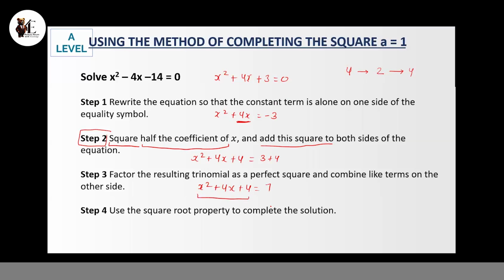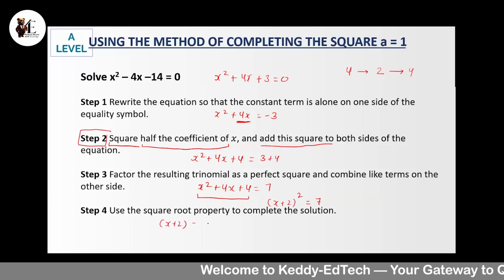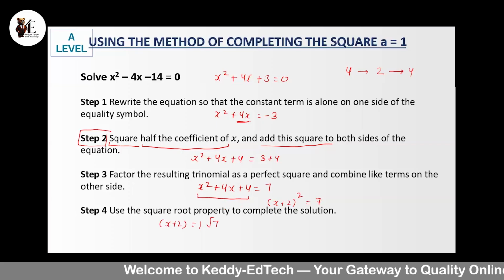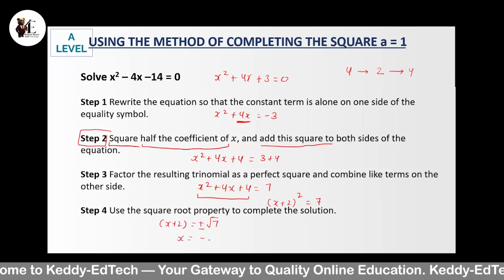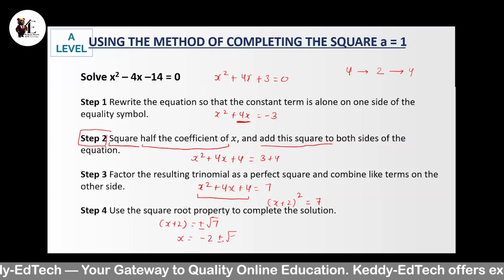This is the perfect square of x plus 2 whole square is equals to 7. Now remove the square. Put a square root with positive and negative sign, and then shift plus 2 to the other side. So minus 2 plus minus root 7.